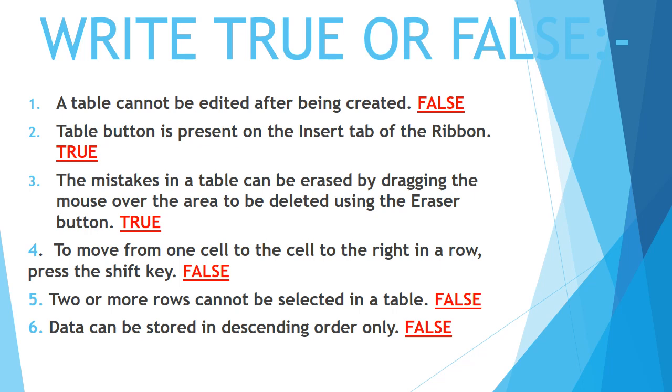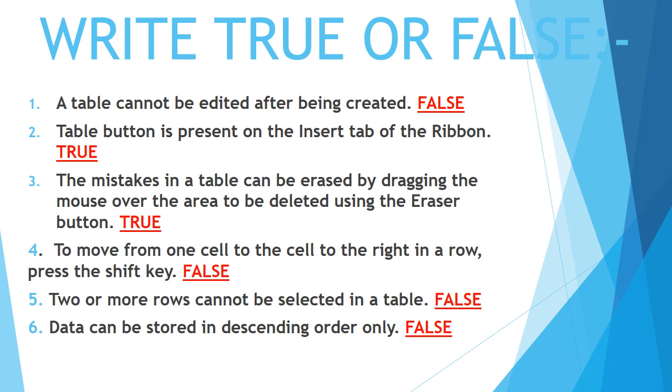A table cannot be edited after being created. Is this true or false? It is false, because a table can be edited even after you have already created it. Table button is present on the insert tab of the ribbon. True or false?